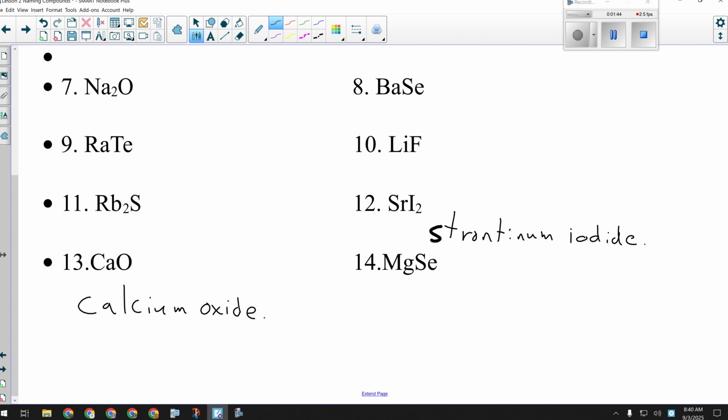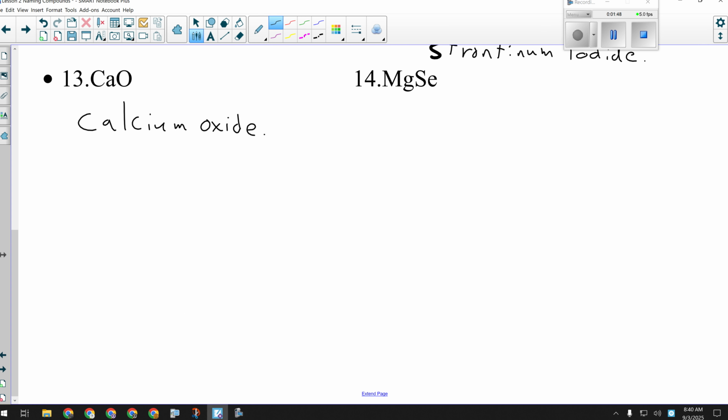Okay. At the end of class yesterday, we started talking about what happens when you have a compound that looks like this. It clearly has more than two elements in it. If it starts with a metal but has more than two elements, then you know that you have something from your table of common polyatomic ions involved.